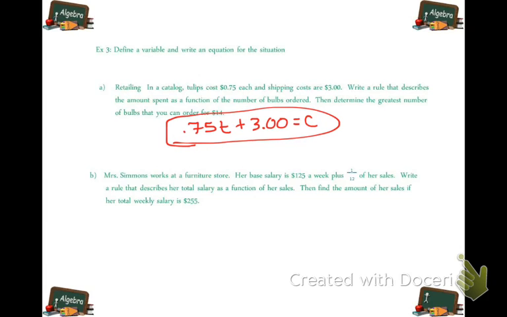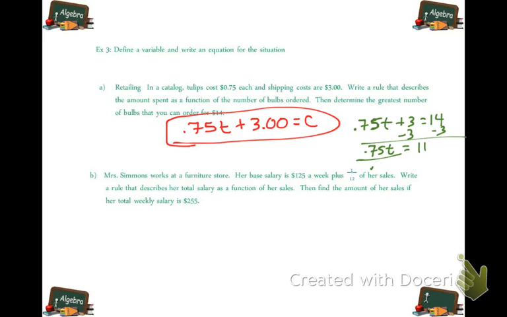And determine the greatest number of bulbs. So you're going to put $14 in for cost, because that's how much you want to spend. So it's going to be 0.75 T plus $3 equals 14. I'm going to subtract 3. 0.75 T equals 11.